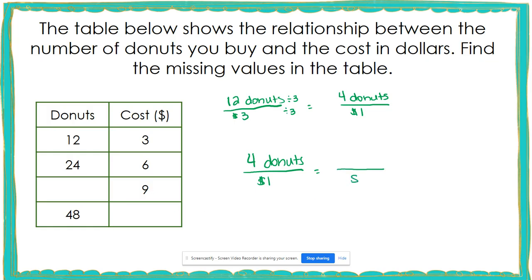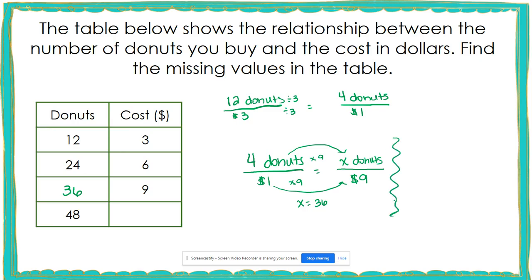So I'm going to put $9 in the denominator because I had dollars in the denominator here. What I need to find is how many donuts this would give me. Well, I know that to get from 1 to 9, I would multiply by 9 because 1 times 9 gives me 9. So to get from 4 to x, I would also multiply by 9. And when I do 4 times 9, I get x equals 36. So that means that 36 donuts would cost $9.